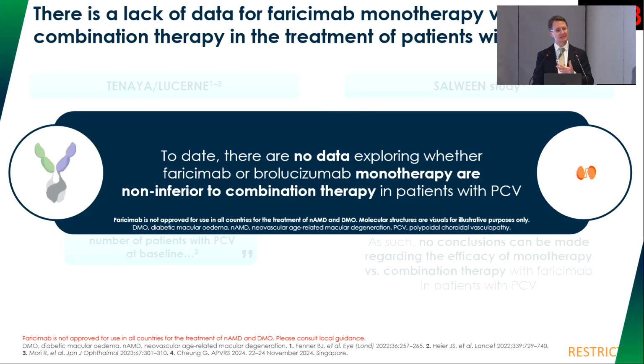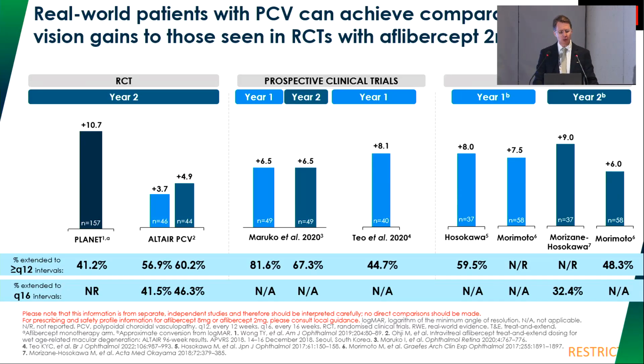And that's the same situation when we look at brolucizumab. There still is that unanswered question of whether there could be an enhanced benefit, or any benefit at all, of adding in photodynamic therapy.